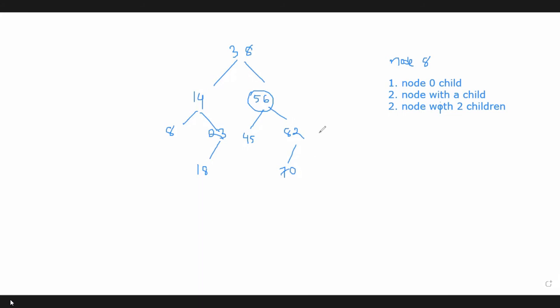But in the right subtree there are how many nodes? Two nodes. Okay. So when we are going to delete a node with two children, we can select the in order predecessor of that node, or the in order successor.